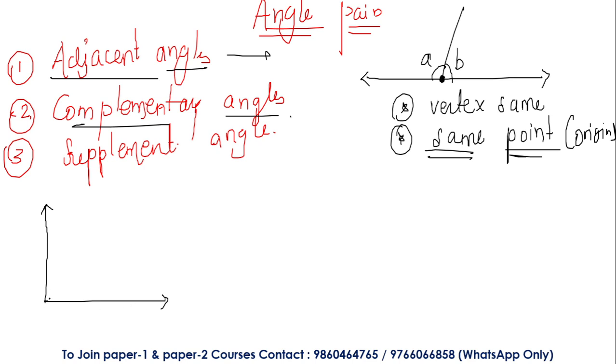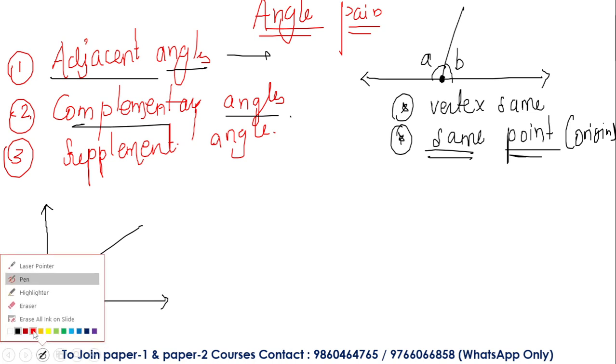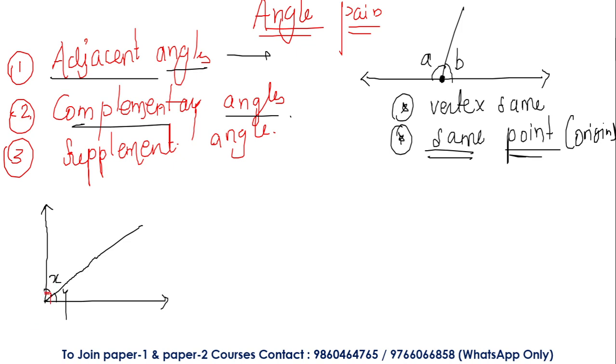So if I consider this as angle X and this as angle Y, okay, if I take summation of this, you can clearly see that the whole angle that is formed over here is 90 degree.